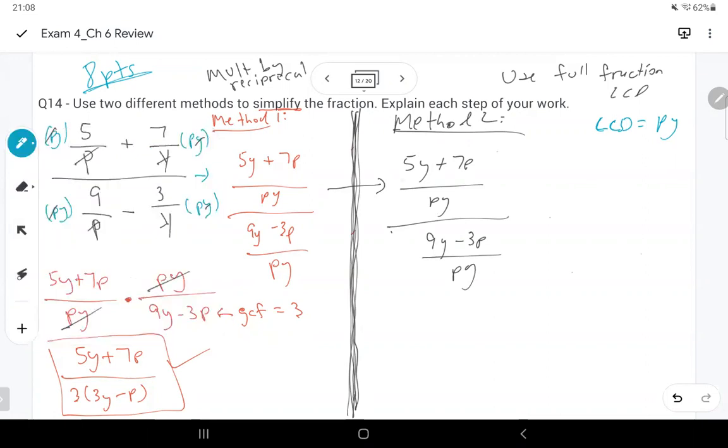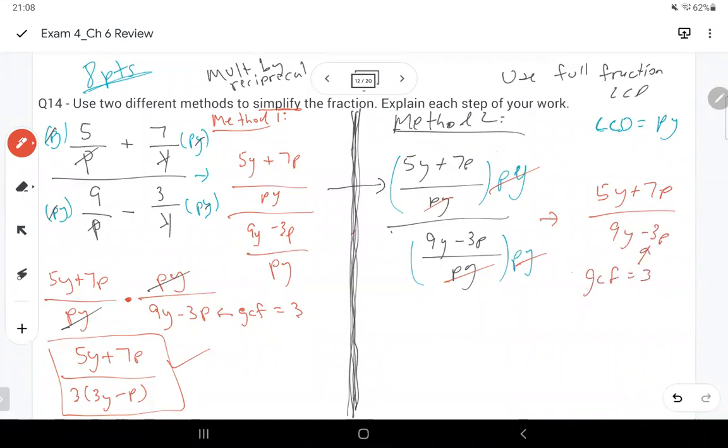Now let's use the LCD of both. Okay, they match, so you know you did the problem right.